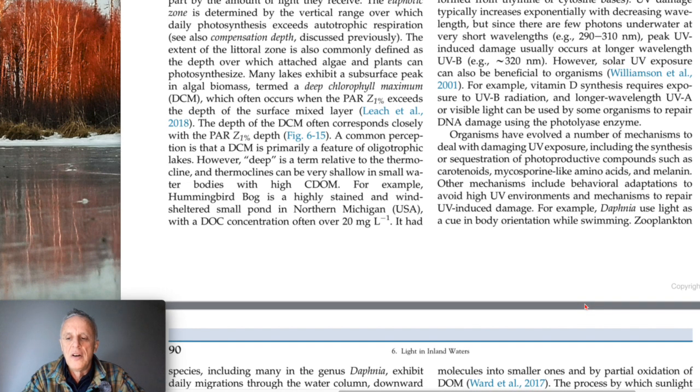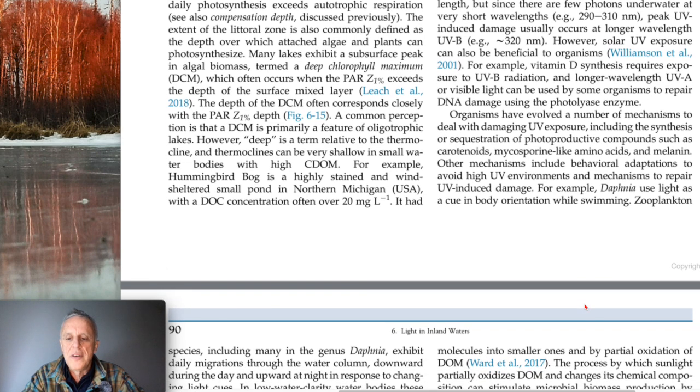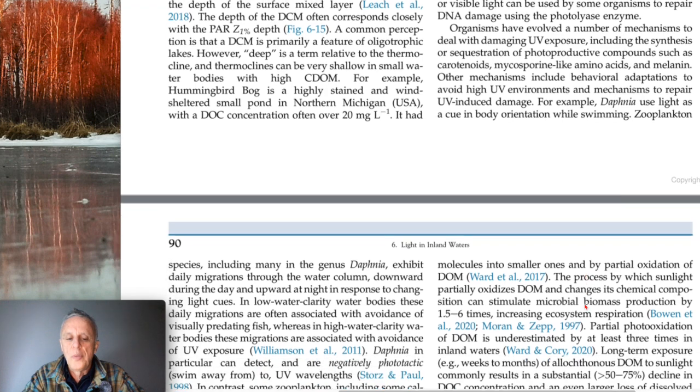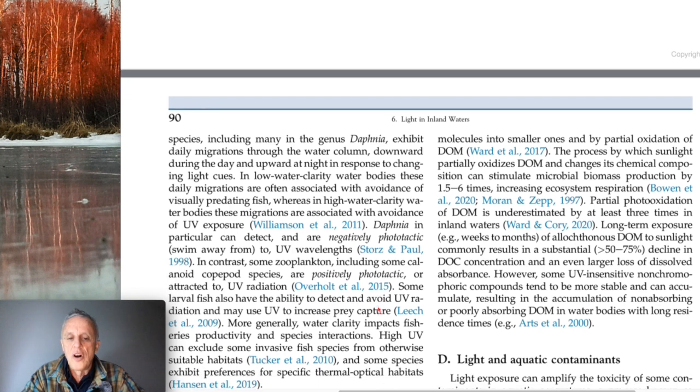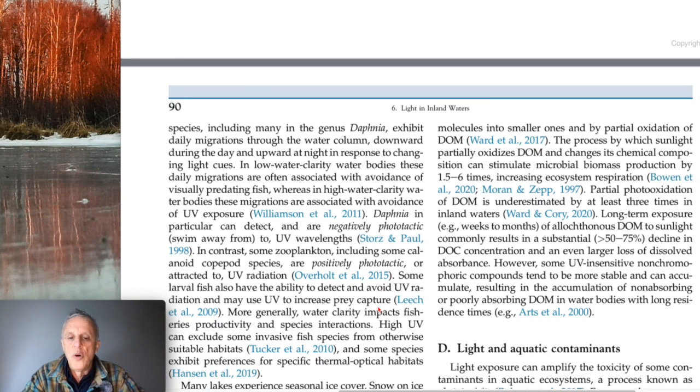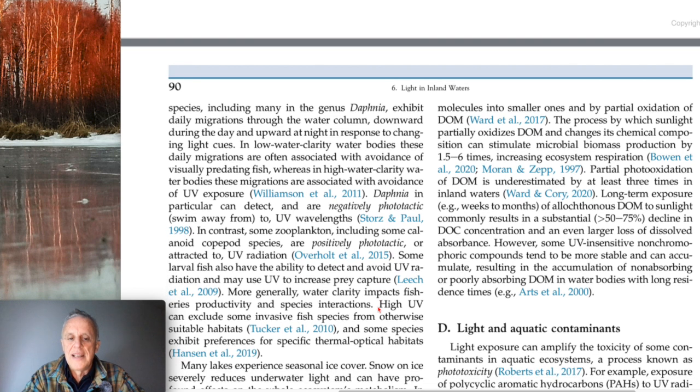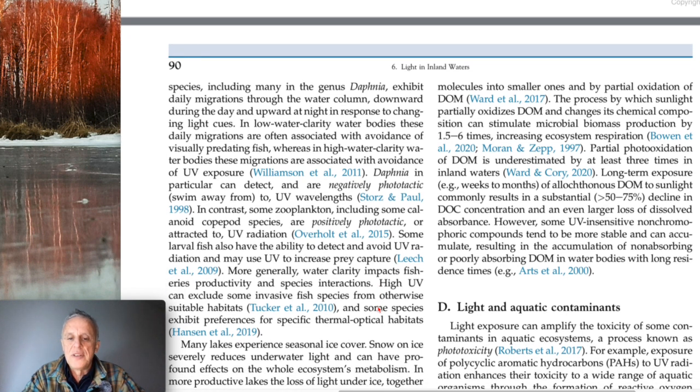For example, Daphnia use light as a cue in body orientation while swimming. Zooplankton species, including many in the genus Daphnia, exhibit daily migration through the water column, downward during the day and upward at night, in response to changing light cues. In low water clarity water bodies, these daily migrations are often associated with avoidance of visually predating fish, whereas in high water clarity water bodies, these migrations are associated with avoidance of UV exposure.